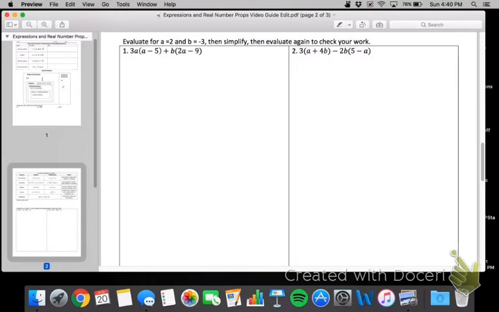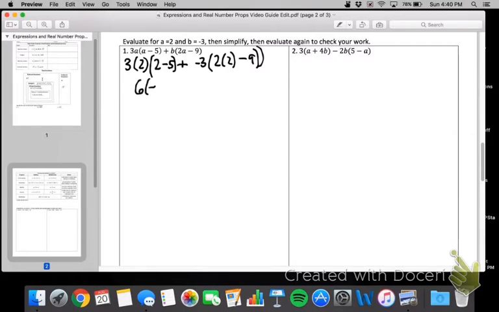So evaluate means I'm going to substitute in 2 for A and negative 3 for B. So first let's evaluate the expression. So I would have 3 times 2, and then parentheses 2 minus 5, plus negative 3 times 2 times 2, because A is now 2, and then minus 9. And if we're careful with our order here, we would have 3 times 2 is 6.